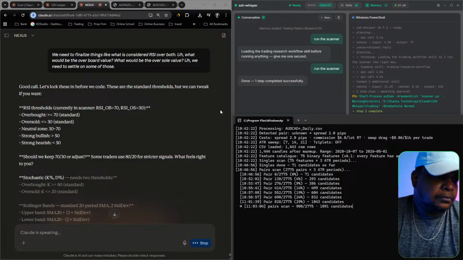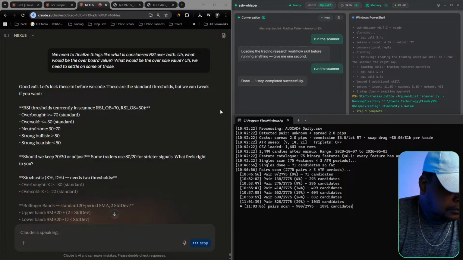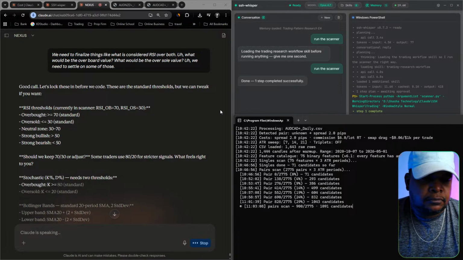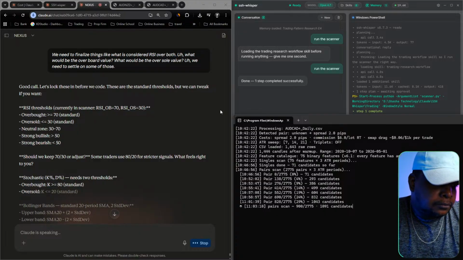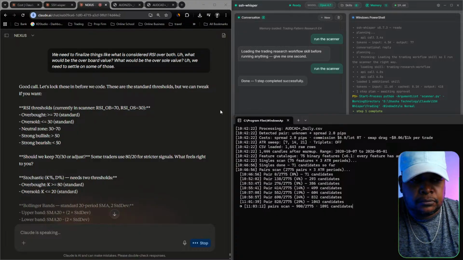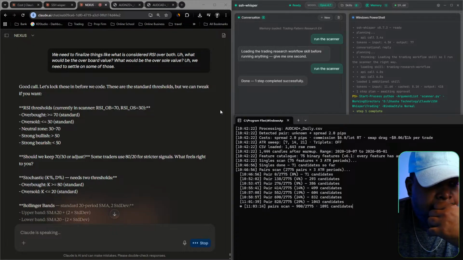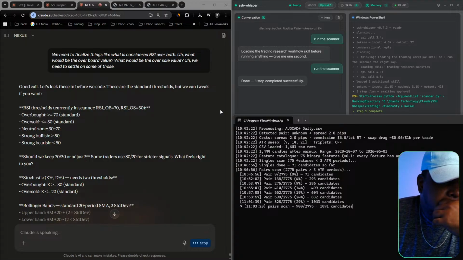Stochastic K and D needs two thresholds: overbought K 80 standard, oversold K 20 standard. Bollinger Bands standard: 20 period SMA, 2 standard deviations.